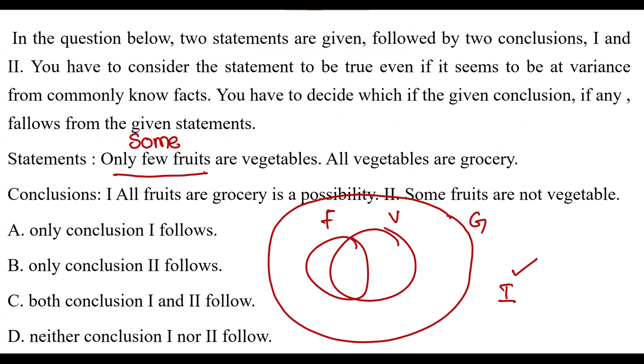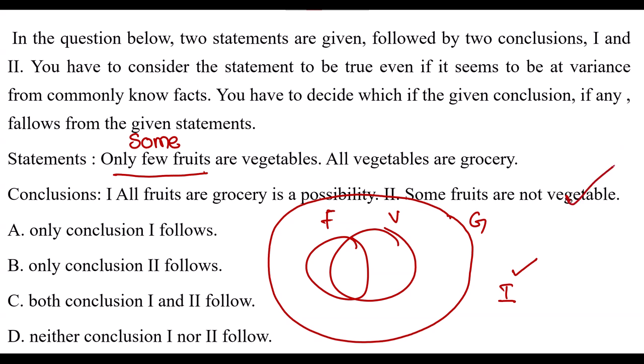Remaining fruits are obviously not vegetable. But if they directly gave some fruits are vegetable, we cannot say the remaining fruits are not vegetable. It may be or may not be. But here clearly, only few, only few boys are good means the remaining maybe not. So there is a clarity.